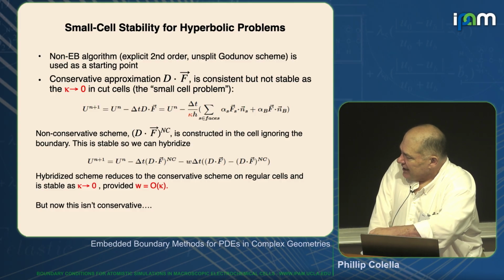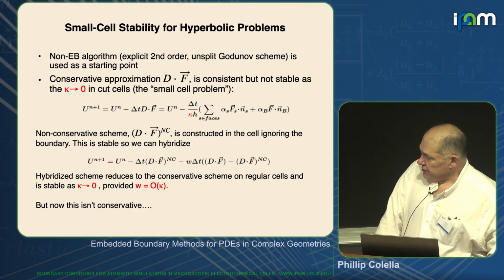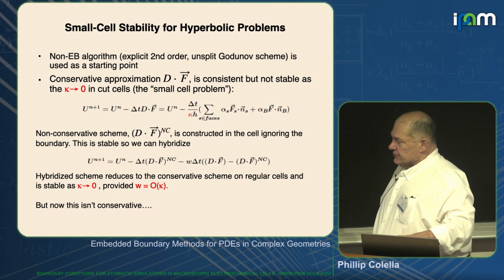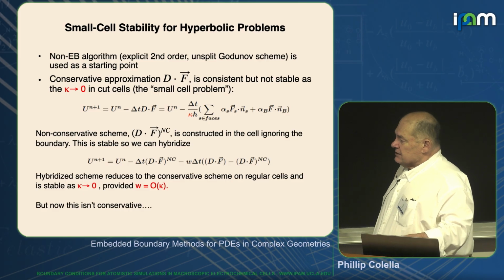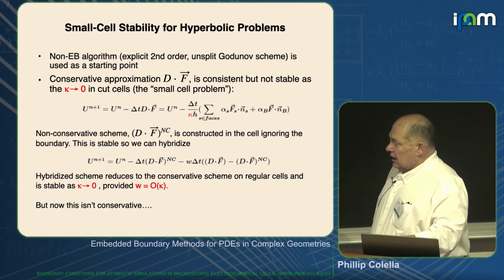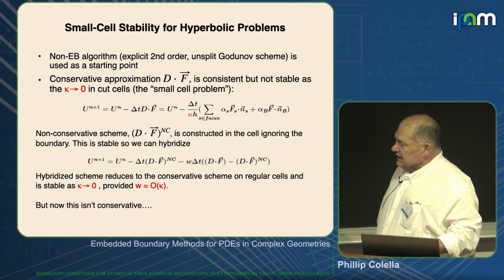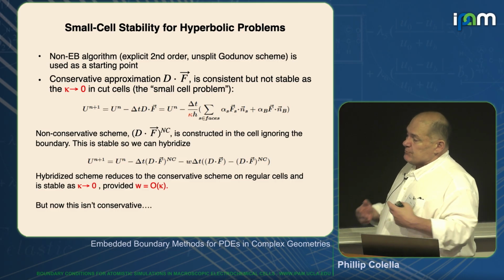Here, let me write down what this is. U at time n plus 1, I've discretized in time, is equal to U at time n minus delta t times the divergence of the flux function. Well, the average of the divergence of the flux function is delta t divided by kappa h times the sum of the fluxes over faces. Kappa is the exposed volume.